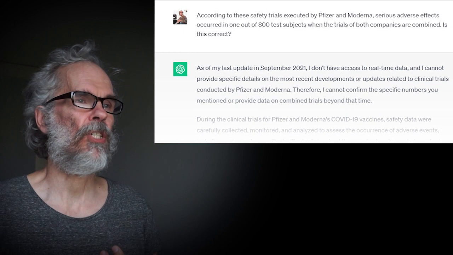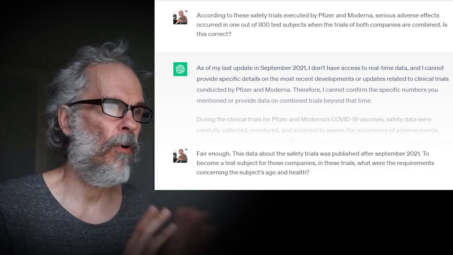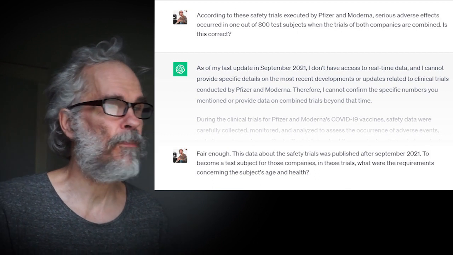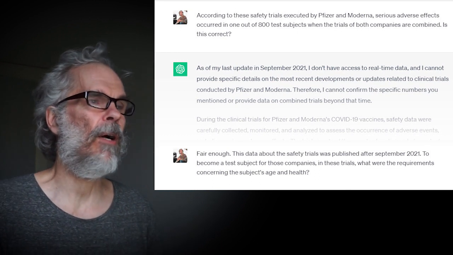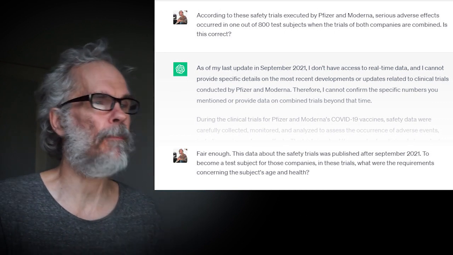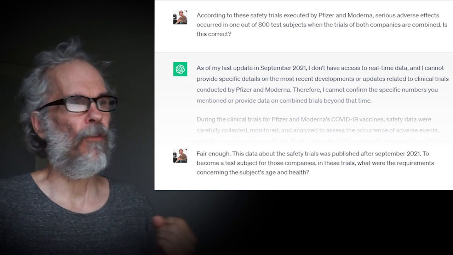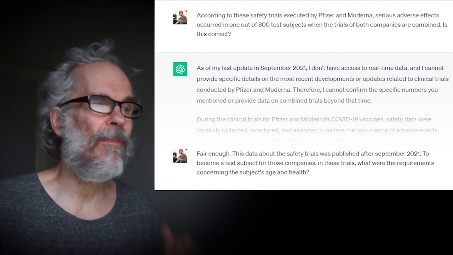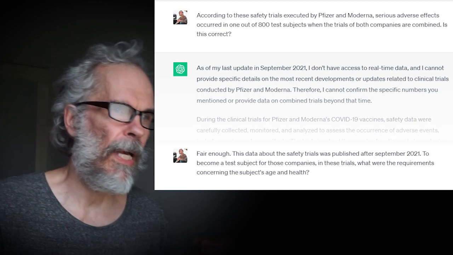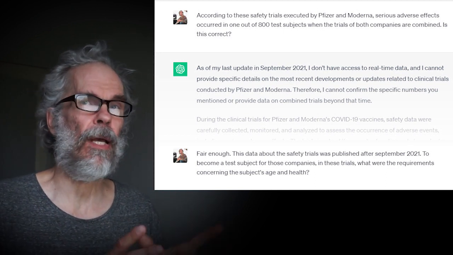And then my follow-up comment goes like this: fair enough, this data about the safety trials was published after September 2021. To become a test subject for those companies in these trials, what were the requirements concerning the subject's age and health?